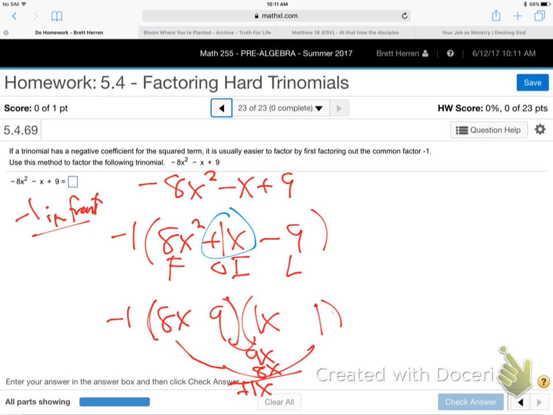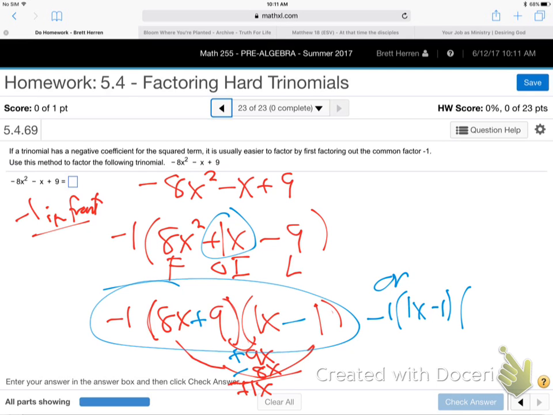Not for GCF, it's just this one. Yep. Plus 1x. How can a 9 and an 8 make plus 1? Yeah, bigger. Plus 9 minus 8. So plus on the 9, minus there. There it is. Or you could have the minus 1 in the front, have the 1x minus 1 come in first, and the 8x plus 9 come in second. Either way.